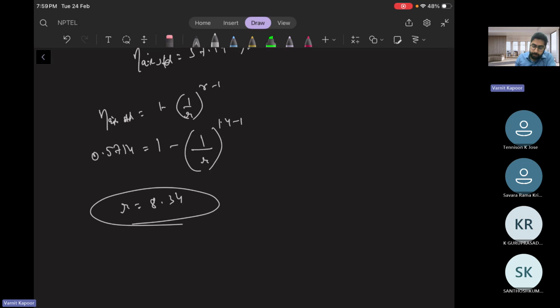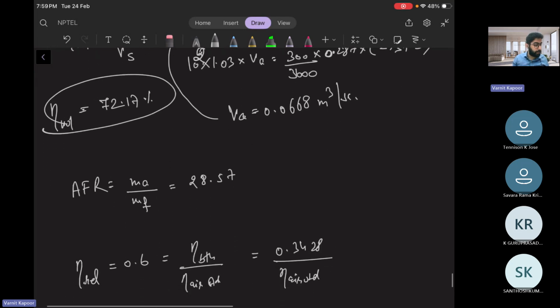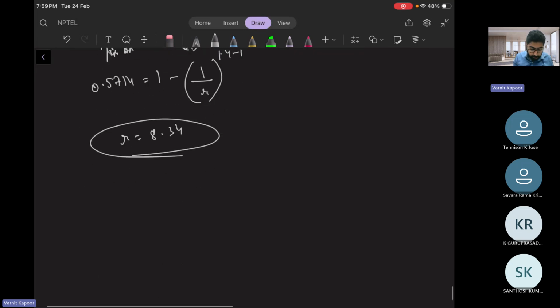And then last, what was asked? What is diagram factor? So diagram factor is indicated work done actual to that of indicated work done theoretical. So let us calculate that also. Air standard efficiency is nothing but indicated power theoretical to that of heat added per second.